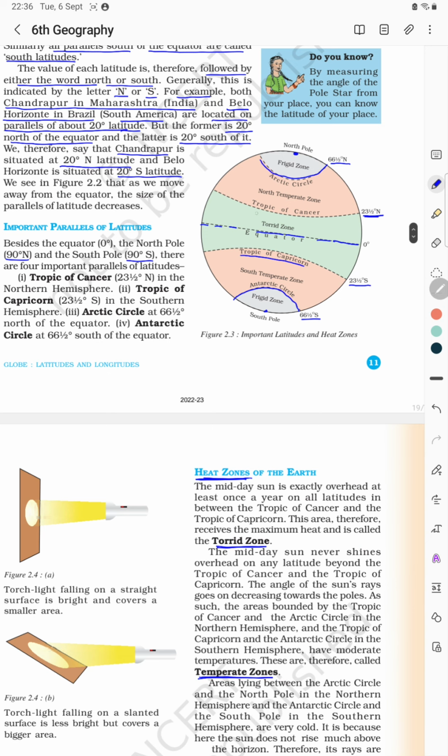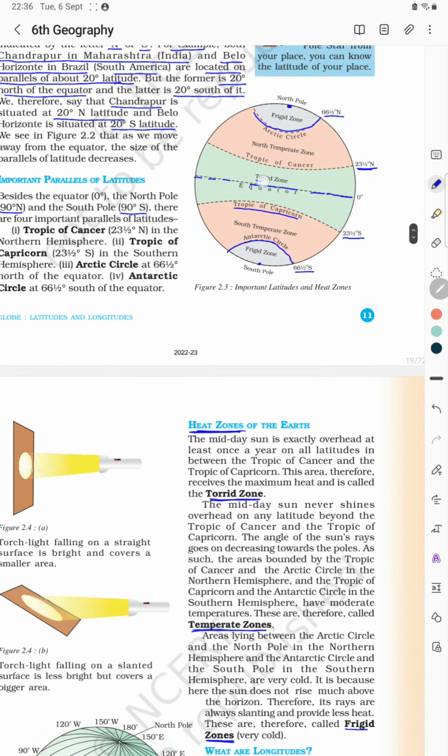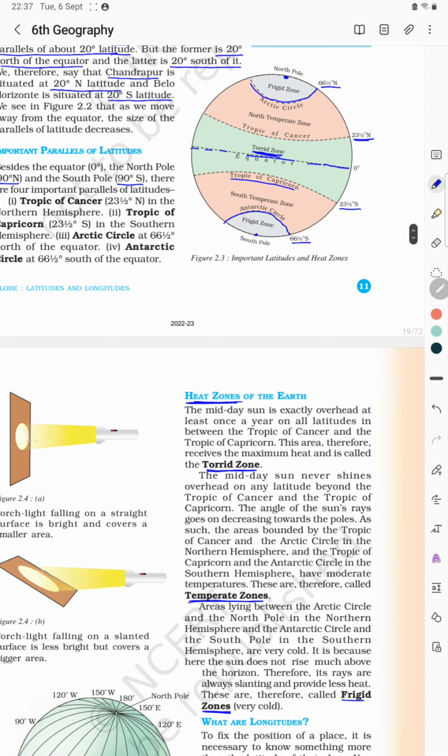The area between the Tropic of Cancer and the Tropic of Capricorn is called the torrid zone. In this zone, the midday sun is exactly overhead at least once a year on all latitudes between the Tropic of Cancer and the Tropic of Capricorn.